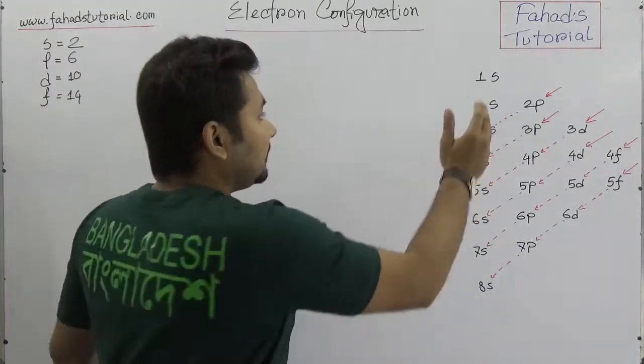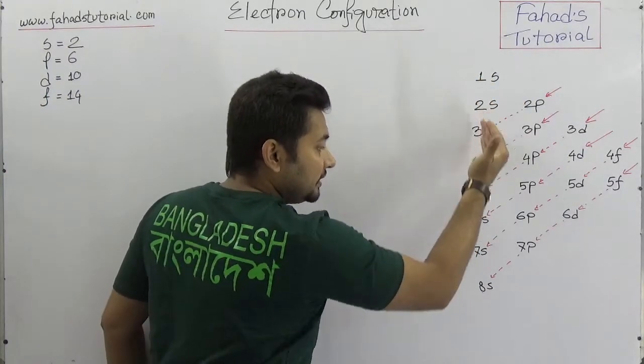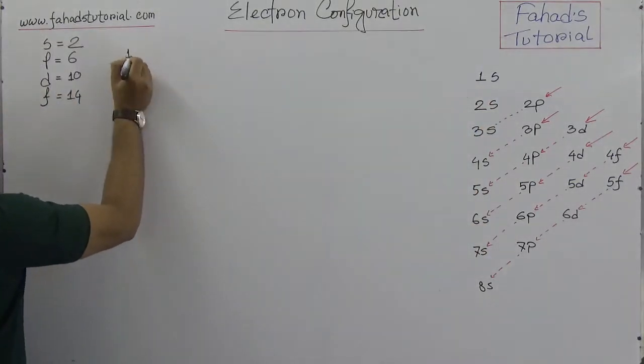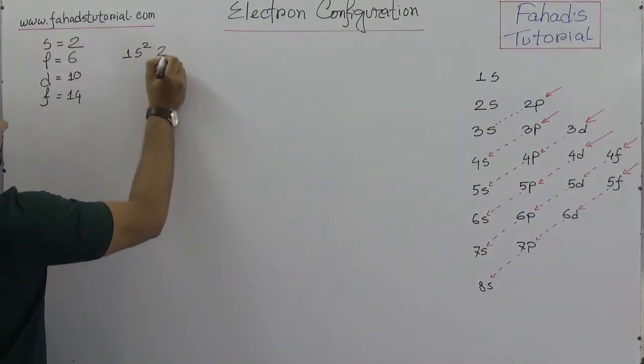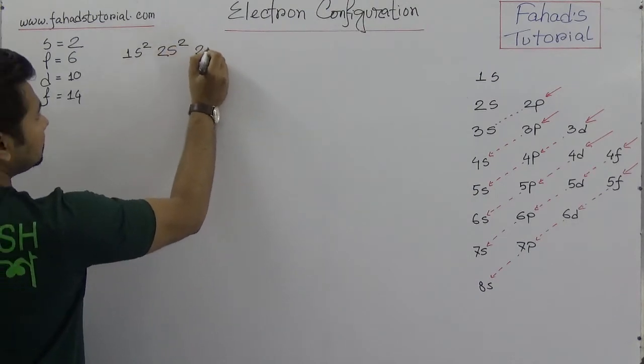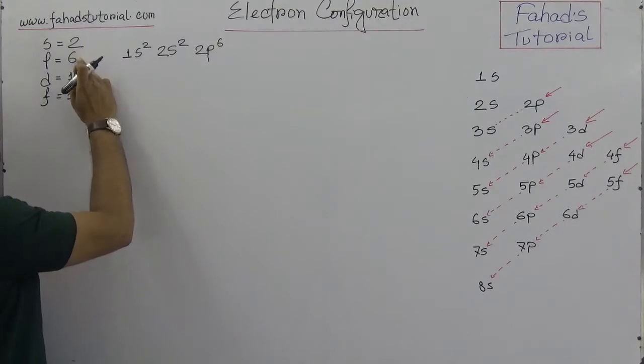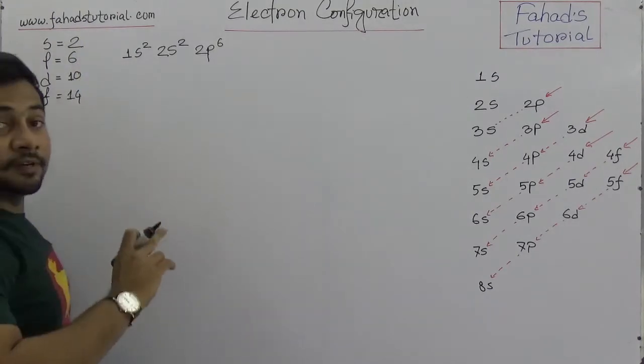If we look at the order of these electron configurations, we start from 1s2, 2s2, 2p6. As you know, s2, p6, d10 and f14.